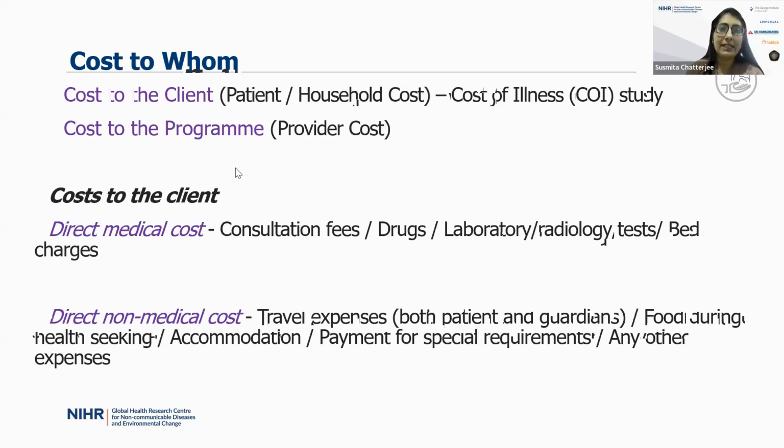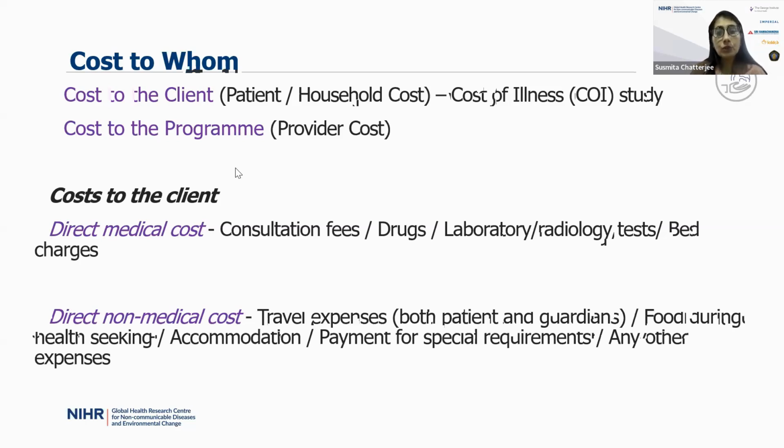Say, for example, travel expenses. Or accommodation, because for a disease I may have to travel to another state to seek care. So I have to take a hotel or guest house to stay, right? But that is for my illness. Then payment for special requirements. Say someone had a stroke and had to buy a wheelchair.